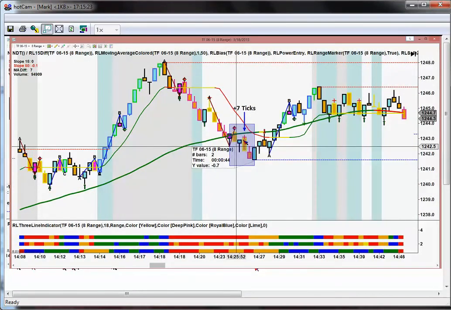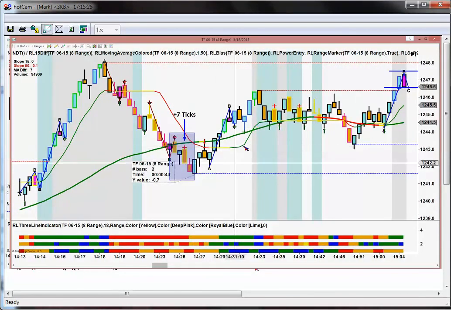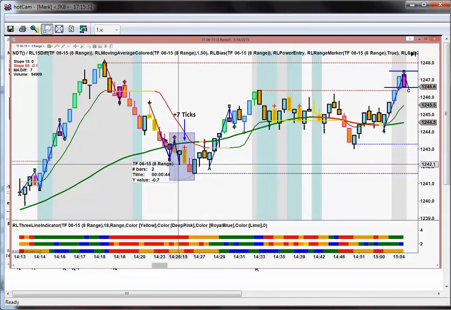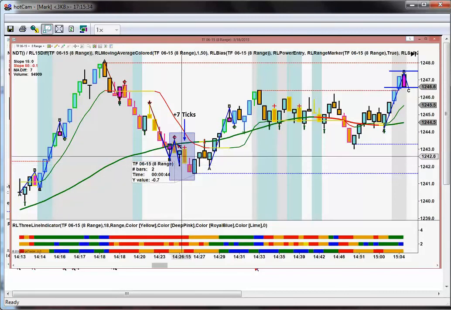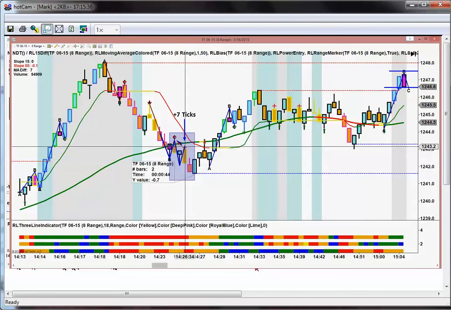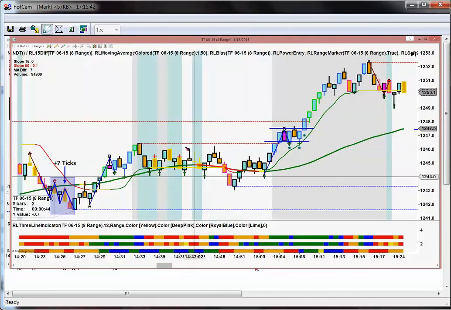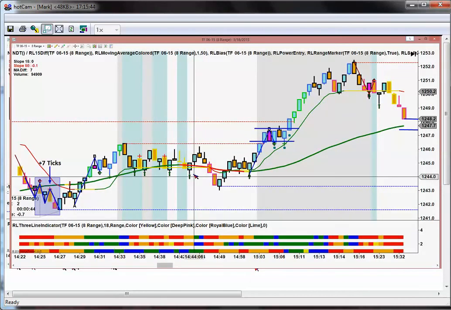And up you go. Now this is a break, a retest. It happens again though. It breaks, it retests, but doesn't stop you out, and it goes down for 7.